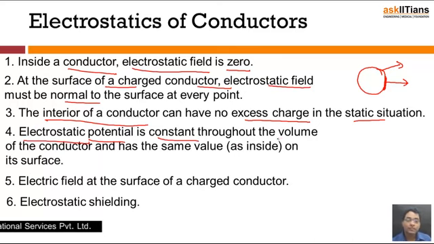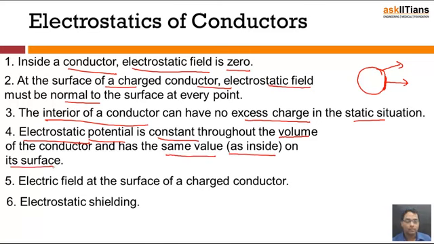It is a constant that exists throughout the volume of the conductor and has the same value as on its surface, because since it is constant, the complete charge is uniformly distributed, and therefore it is going to have the same value.